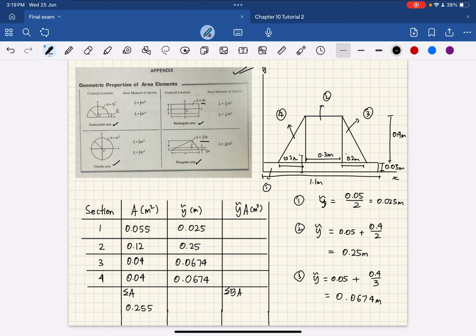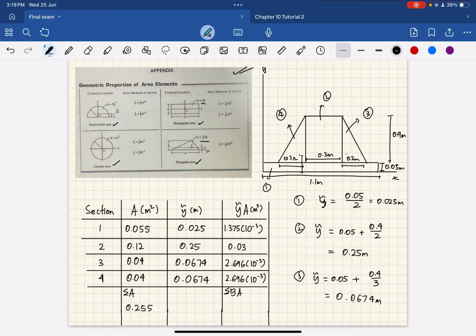So 0.055 times 0.025, 1.375 times 10 to the power of -3. 0.12 times 0.25, 0.03. 0.04 times 0.0674, 2.696 times 10 to the power -3, again because they're the same triangle.